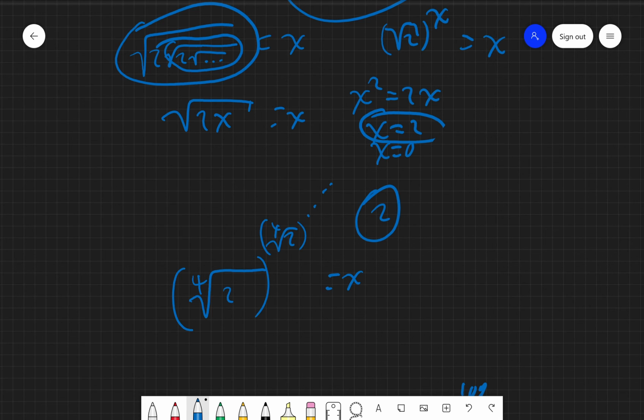That's equal to x. You have the 4th root of 2 to the x equals x. So you have 2 to the x over 4 equals x. Solve this. You can do a similar thing, like guess and check or whatever you want.